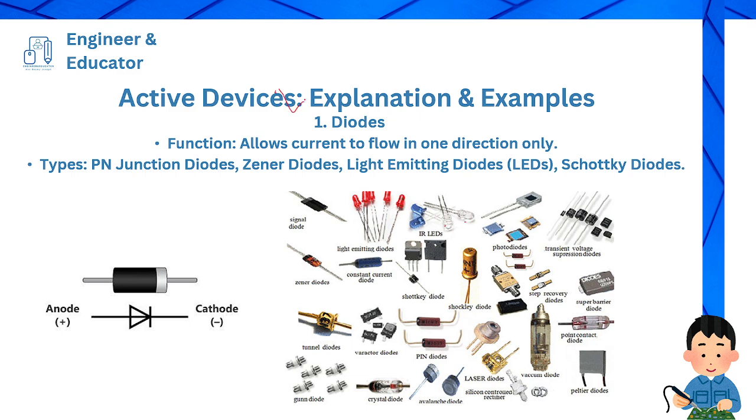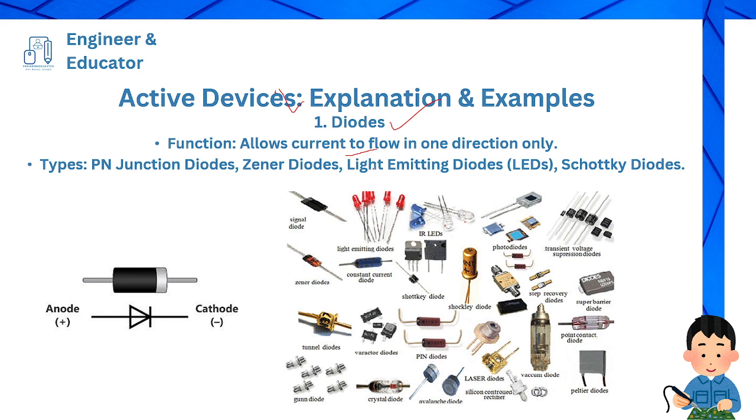So the first among active devices is the diode, and its function is to allow current flow in one direction only, and as a result, it is used in rectifiers.